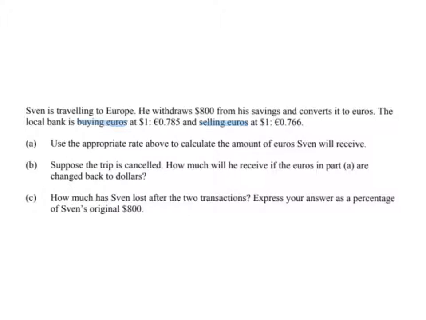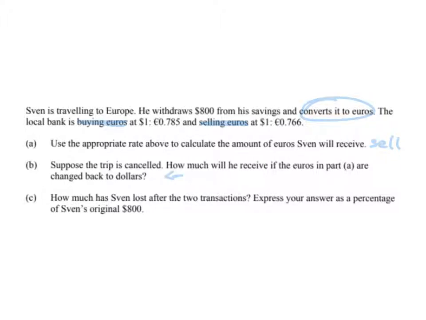Use the appropriate rate. Okay, so the guy wants euros. See, it says convert to euros. All right, so since he wants euros, the bank is going to have to sell him euros. And then when he changes his mind, he no longer wants the euros, the bank is going to buy them back from him over in this question here.